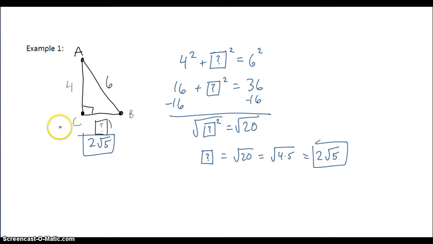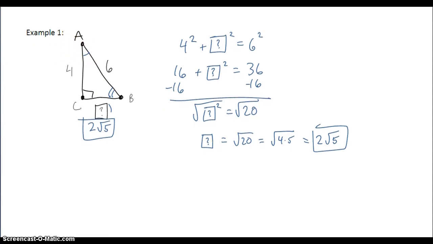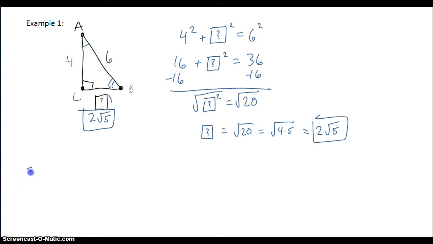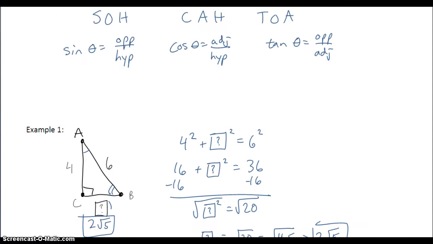Now to use my trig ratios in this problem, I have two acute angles, angle A and angle B. I'm going to look at each one of these angles separately and use the trig ratios. I'm going to start by looking at angle A. I want to first find the sine of angle A. Now sine is opposite over hypotenuse.